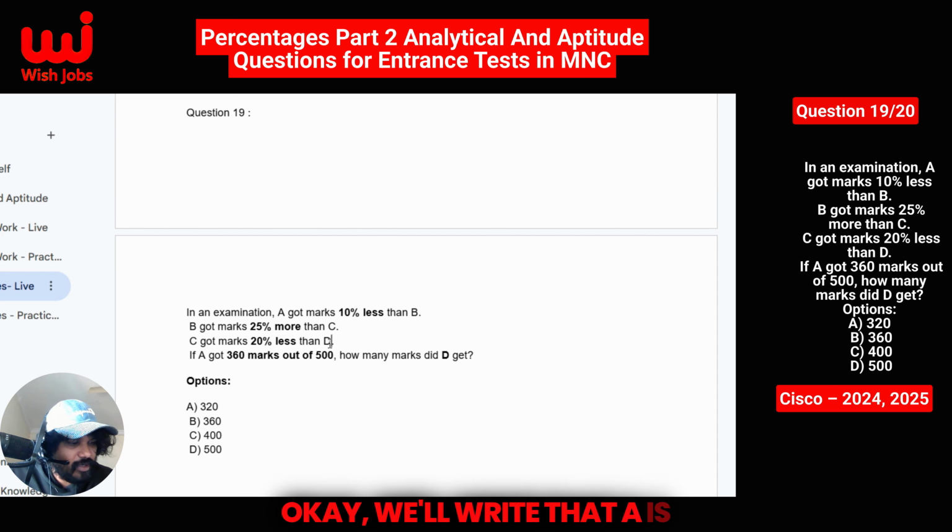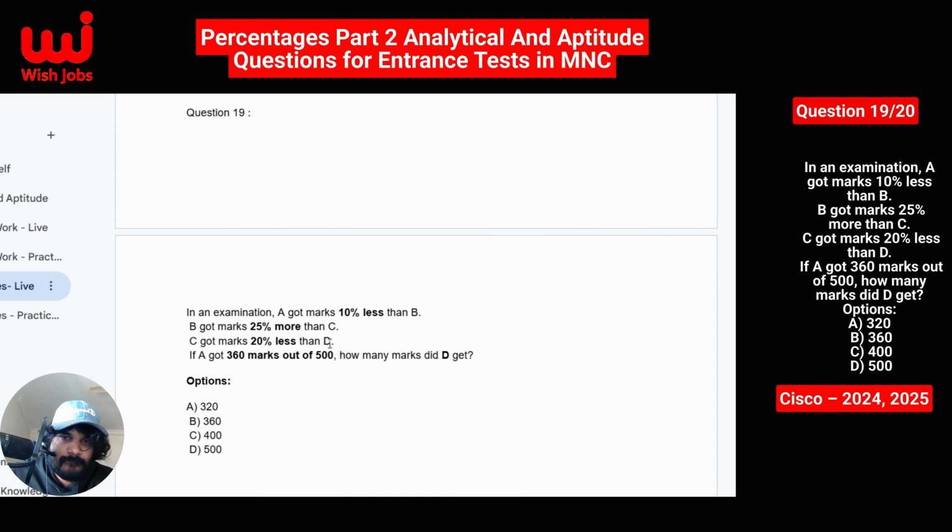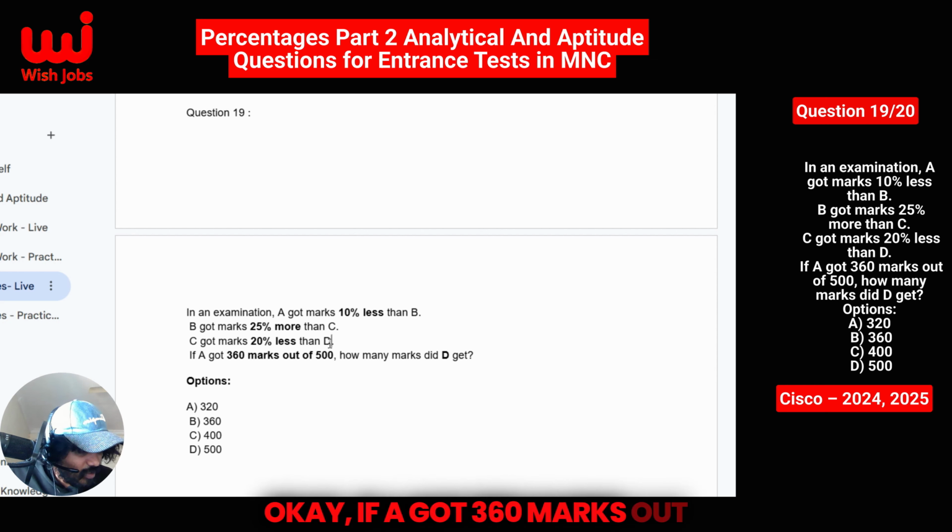A is 10% less than B, B got 25% more than C, C got 20% less than D. If A got 360 marks out of 500, how much will D get?